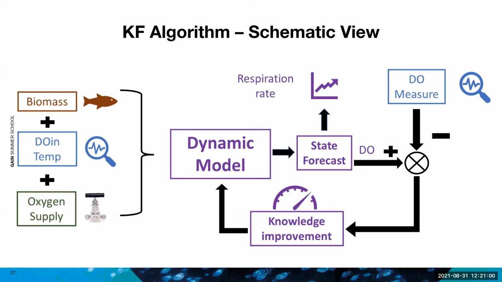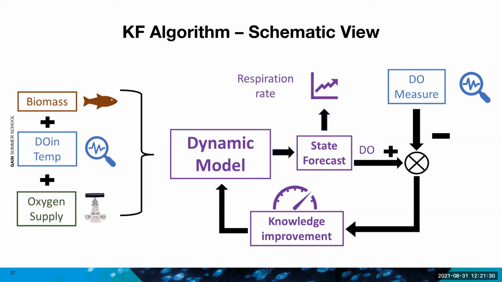To try to represent it as a schema, you've got as inputs the biomass, the dissolved oxygen, the temperature, and the oxygen supply you are supplying to the raceway. They are all inputs to a dynamic model. The dynamic model, the simple model, allows you to build some forecast of the state, which means forecast of the dissolved oxygen and also the respiration rate.